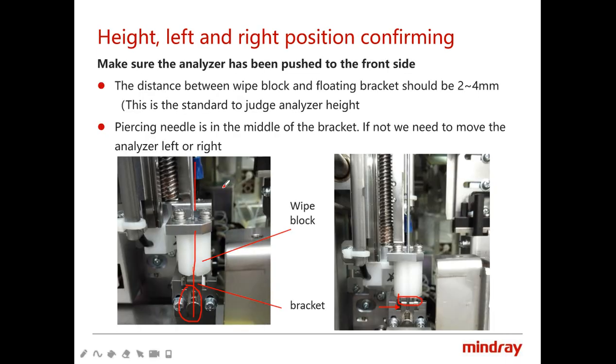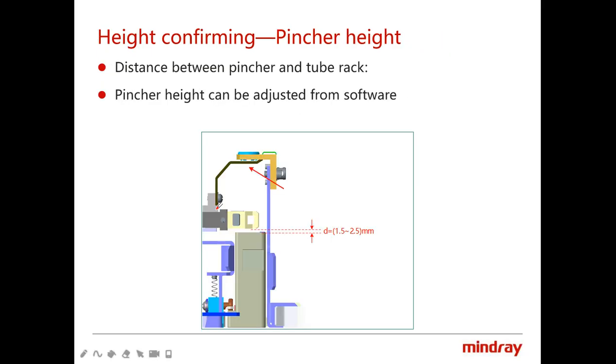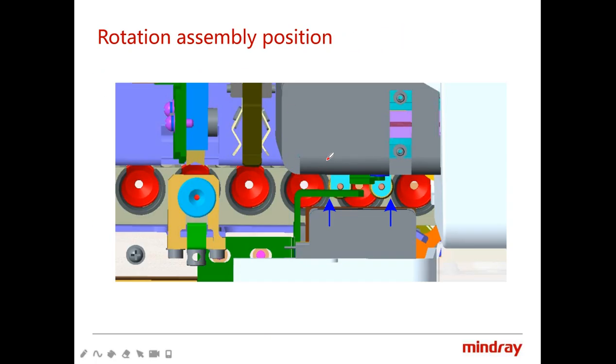We adjust the left and right of the analyzer, and then confirm the gap, and then confirm the pincher and the rotation assembly, because the pincher assembly and the rotation assembly can be adjusted by screws, so it is relatively easier to adjust. Can you get my point?